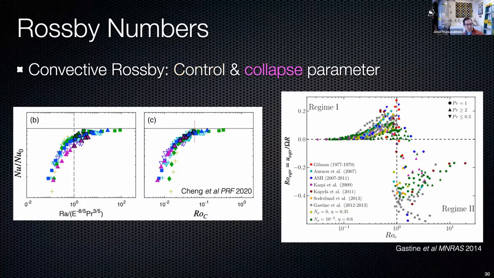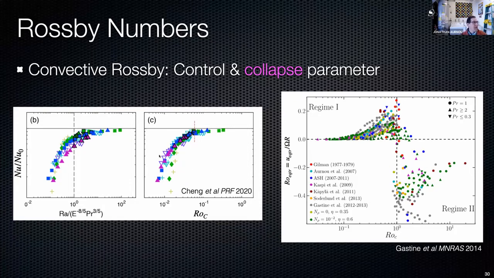In addition, here are some studies by, on the left, John Chang, from more of a geophysical aspect, and on the right by Thomas Gastine, where he's simulating essentially cool stars in spherical shells. In the image on the left, what they're trying to do is collapse all their data in the study of Chang et al.